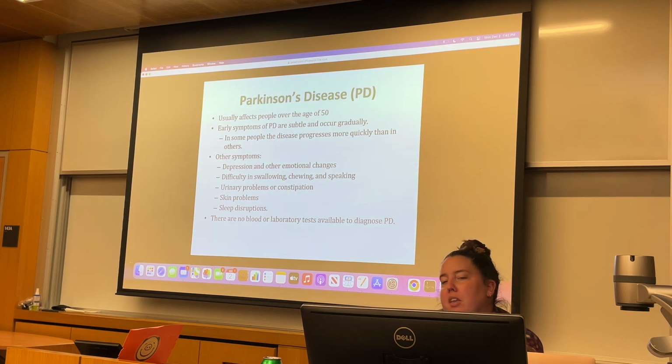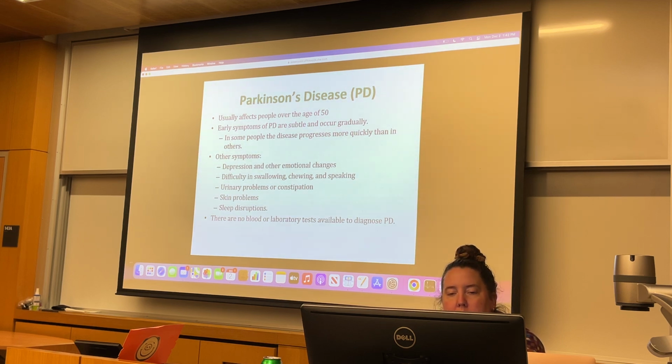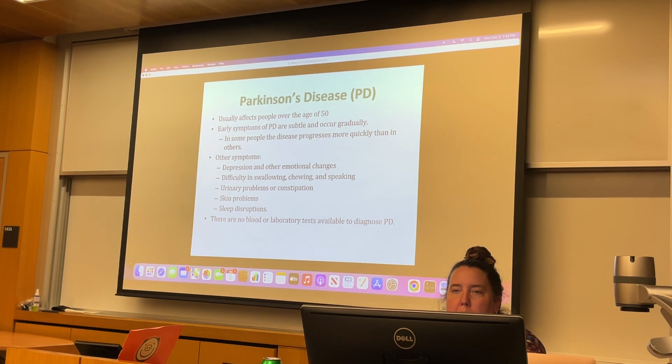It's interesting. Parkinson's disease usually affects people over the age of 50. Early symptoms are subtle and occur gradually, but in some people the disease progresses more quickly than in others, which is, I feel like, the same with all diseases. Other symptoms include depression or emotional changes, difficulty swallowing, chewing, and speaking, and that often has to do with the tremor.